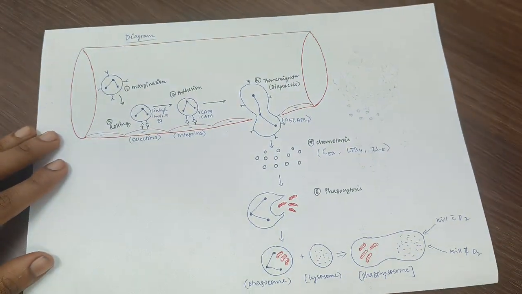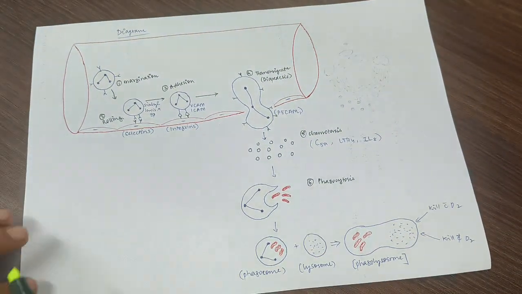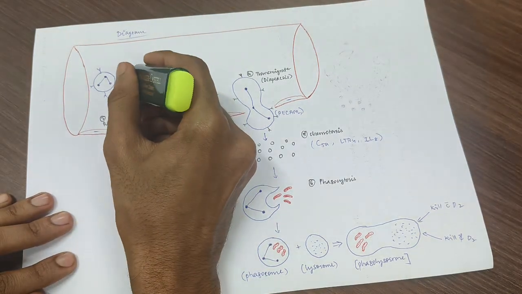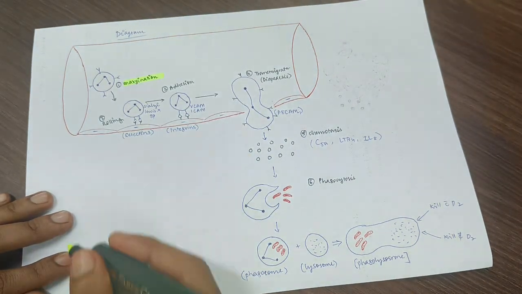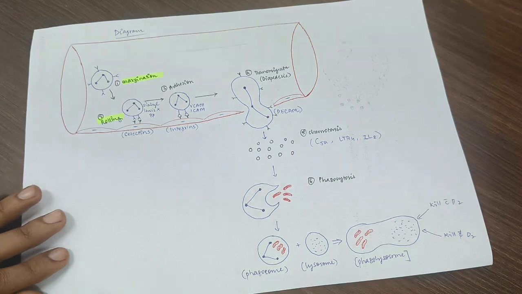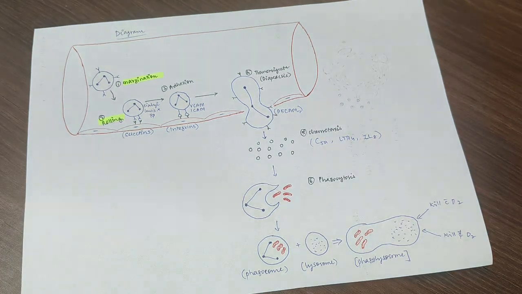We are going to just see the diagram of this acute inflammation once, so that it will be easily revised. First is margination. The next is rolling, which is mediated by whom? Selectins, that is E-selectin and P-selectin, which bind to the Sialyl-Lewis X glycoprotein present on the neutrophil.